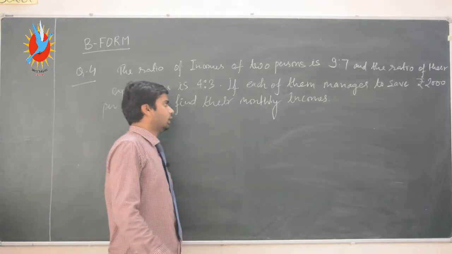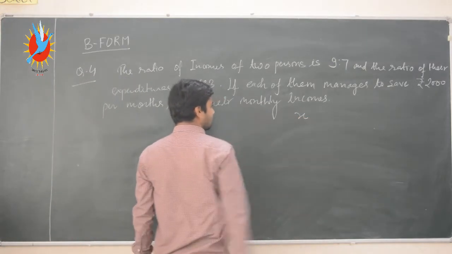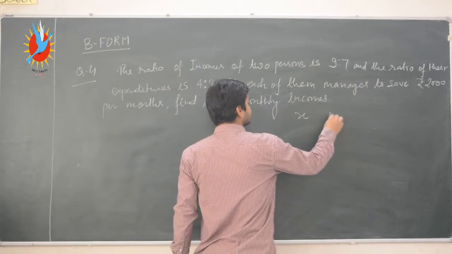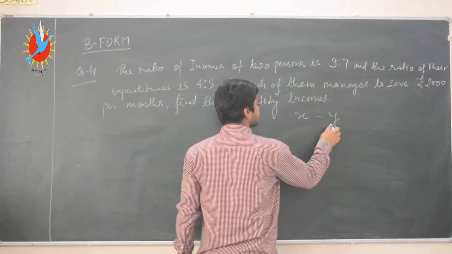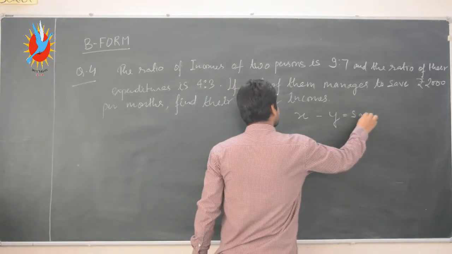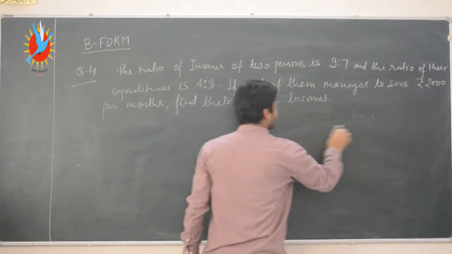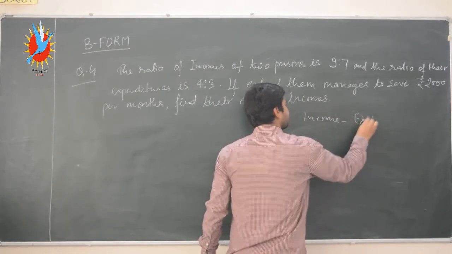Suppose a man earns x rupees, that is income is x rupees, and his expenditure is y. So his saving will be x minus y. Income minus expenditure will be equal to savings.